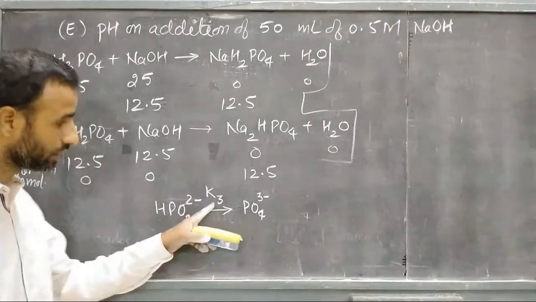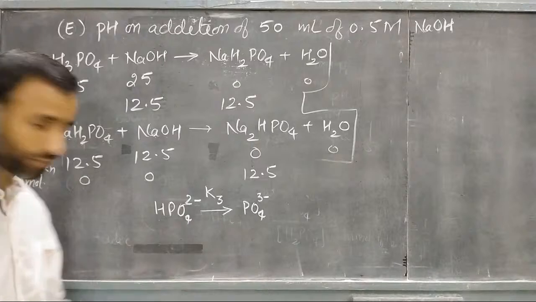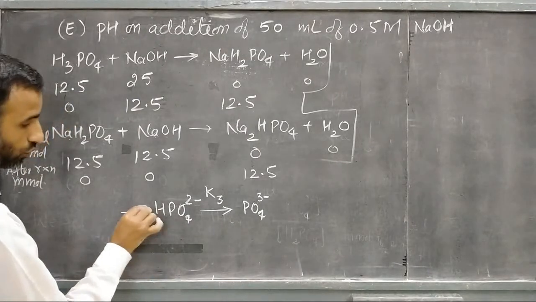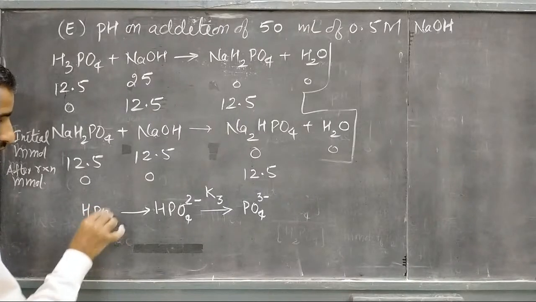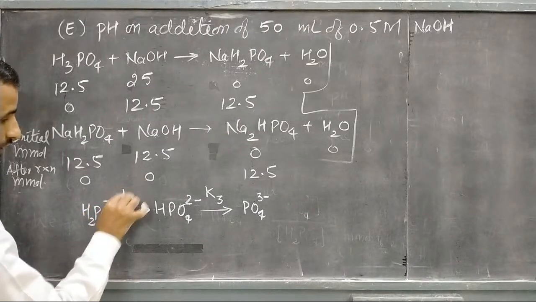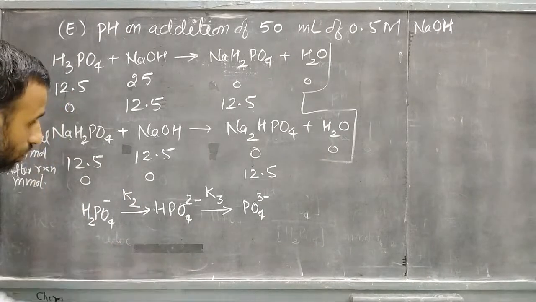Now HPO4 2 negative gives PO4 3 negative, and the dissociation constant is K3.